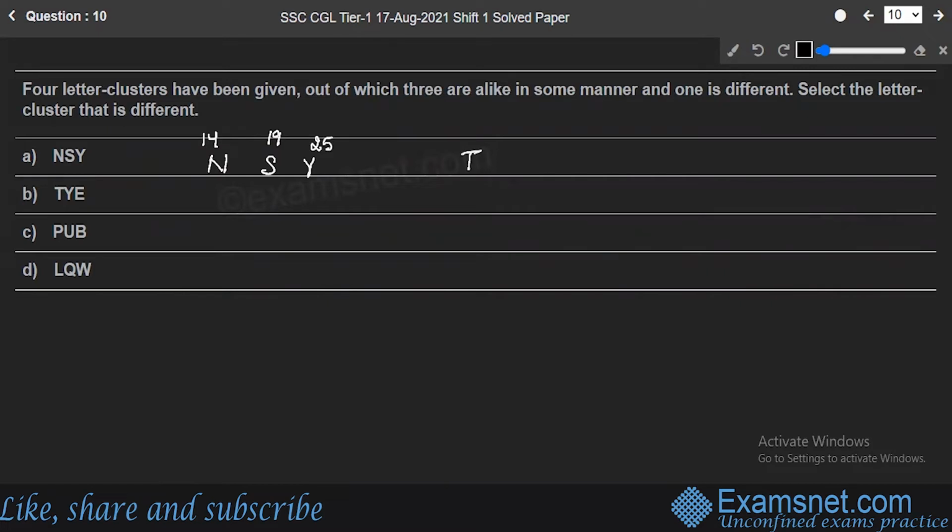Let's go with T, Y, E and then P, U, B. T position is 20, Y is 25, E is at 5, P is at 16, U is at 21, B is at 2. Then let's write down L, Q, W. L is at position 12, Q is at 17, and W is at 23.